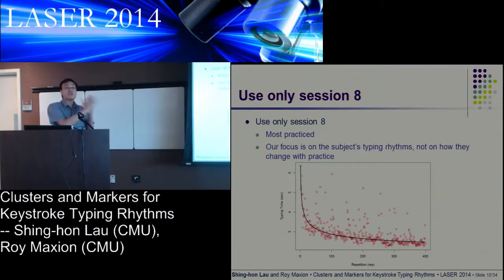And if you just look at the very start of that curve, where they start is almost random in a way. And that makes it very hard to identify structure in the data, because you haven't yet let everybody get to this point where they're practiced and where they've settled into a particular typing rhythm. And the goal here is to cluster those finalized typing rhythms and not some of the changes that are going on.